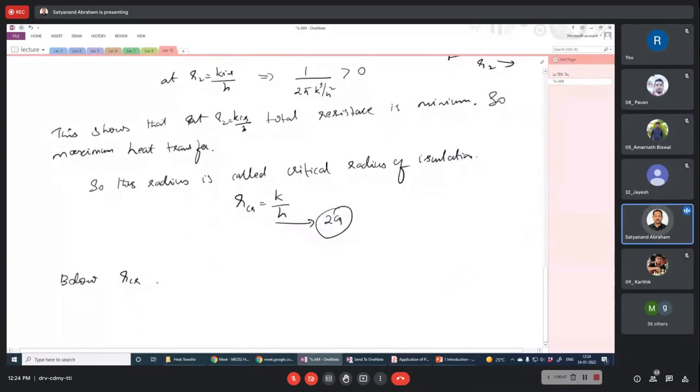So below R_CR, Q increases with increasing R, and above R_CR, Q decreases with increase in R.